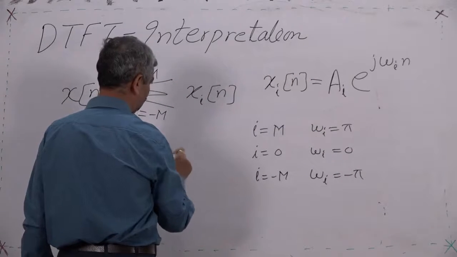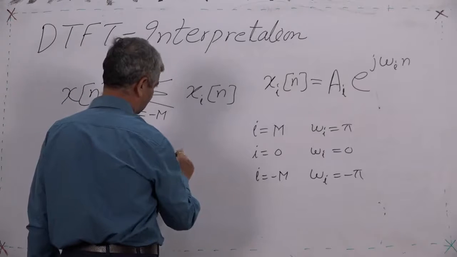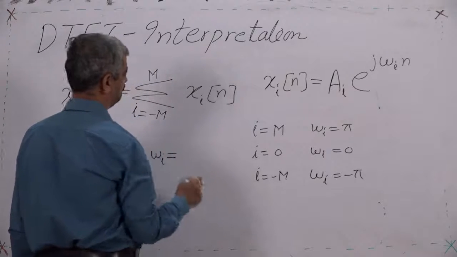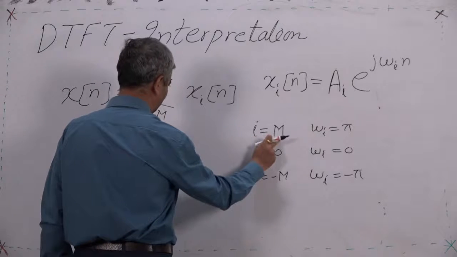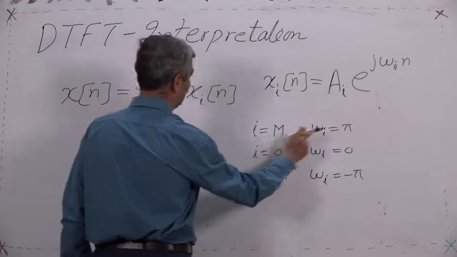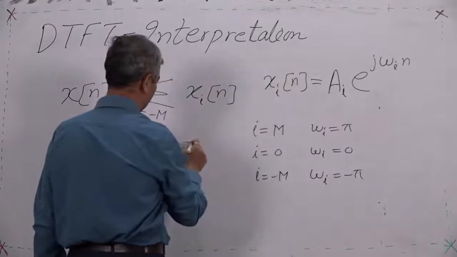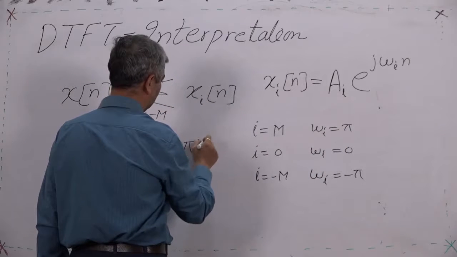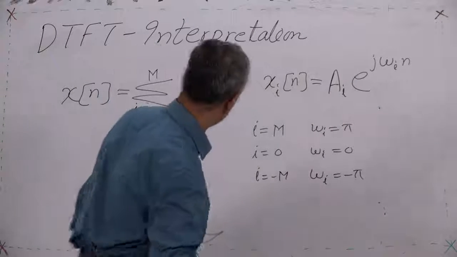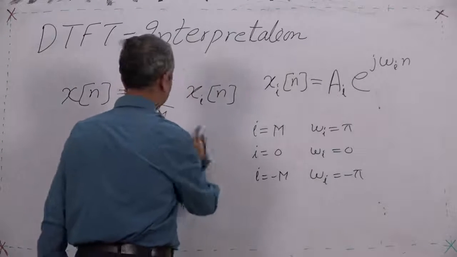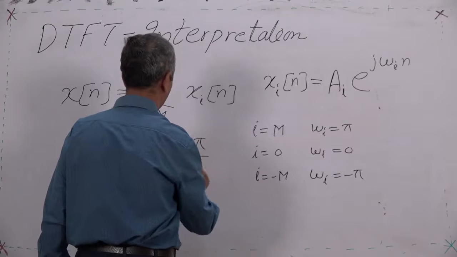Directly, if I is equal to m, omega I is equal to pi, so omega I is equal to I pi upon m.